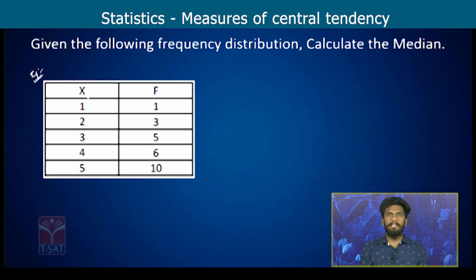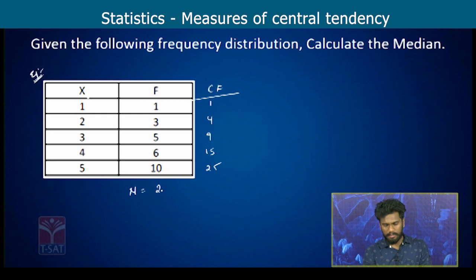Whenever you want to find the median for frequency distribution data, first you have to find the cumulative frequency. Now find the cumulative frequency: 1, 4, 9, 15 and 25. The summation of frequency is 25.